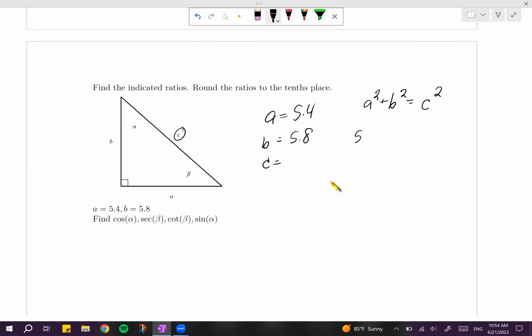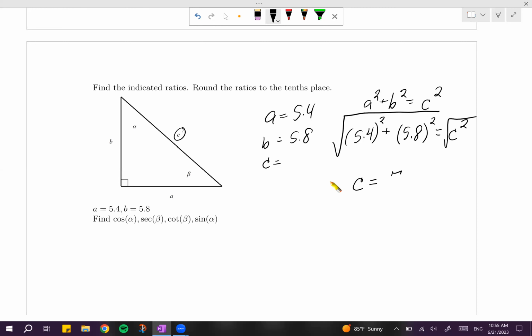So 5.4 squared plus 5.8 squared equals C squared, and I can take the square root. And whenever I do that, I'm going to get my C is equal to 5.4 squared plus 5.8.